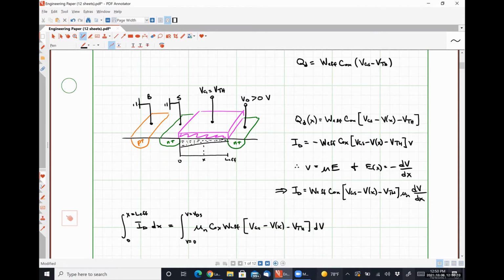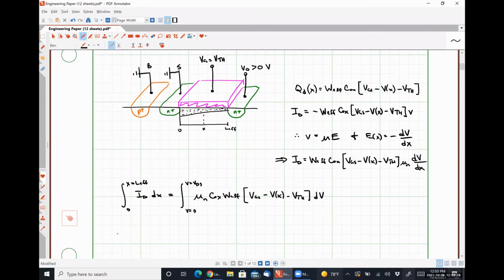Okay. Performing this integration, and then dividing both sides by the effective length.